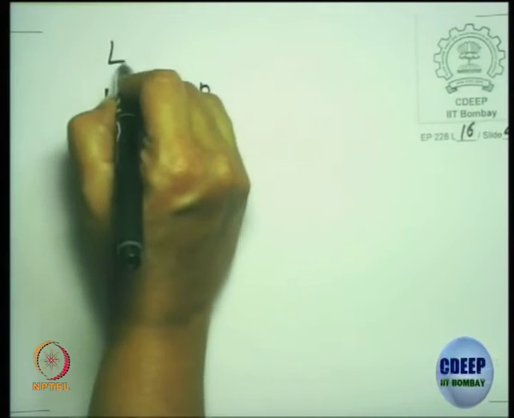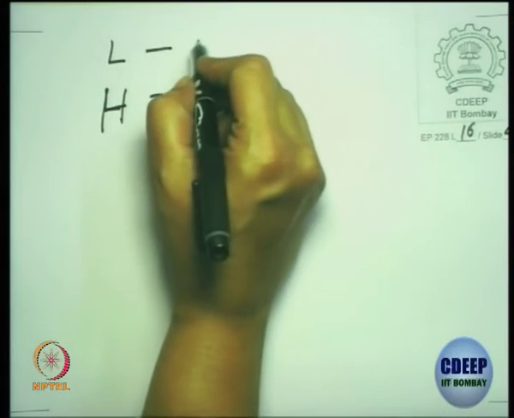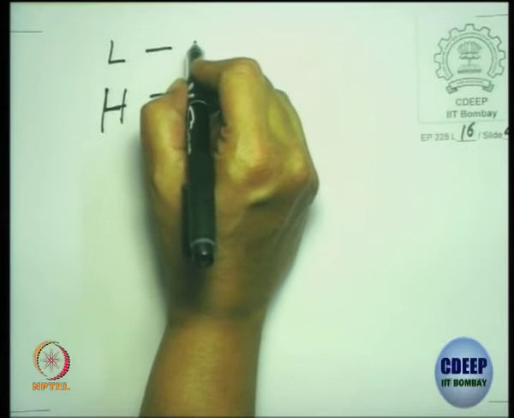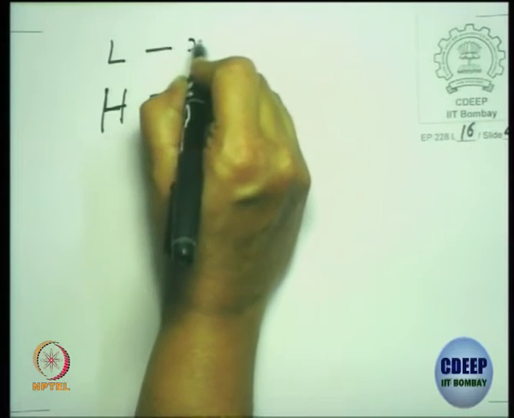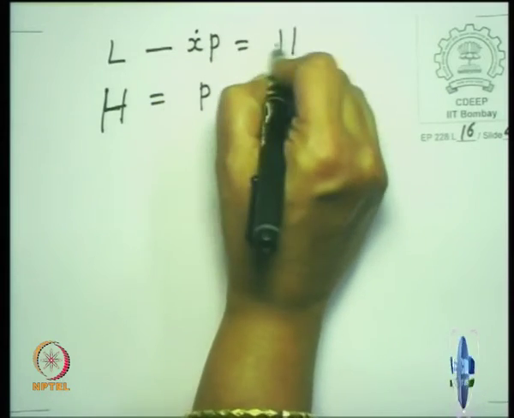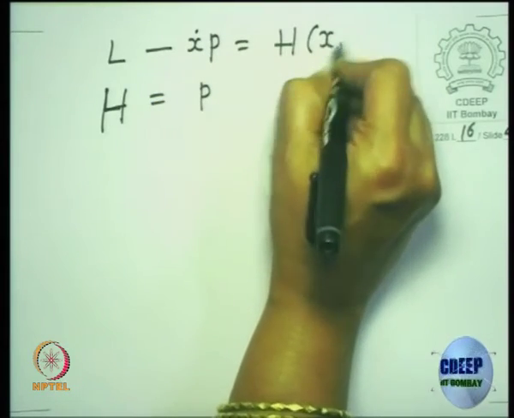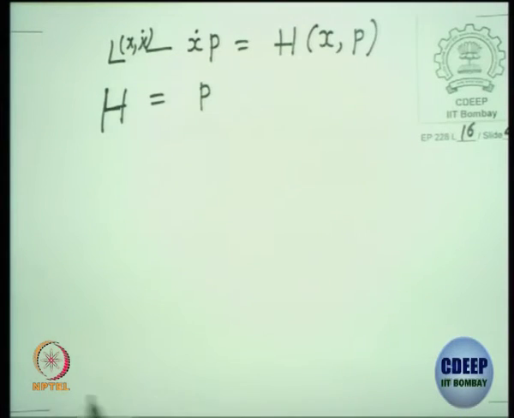How is the Hamiltonian related to the Lagrangian? Is it q dot or p dot? Yes, this is the Legendre transform, which gives you a function of x and p, whereas the Lagrangian is a function of x and x dot, and you can write the Hamiltonian and look at the equations of motion there also.